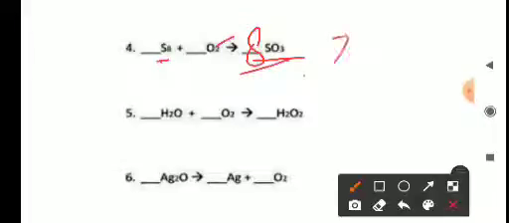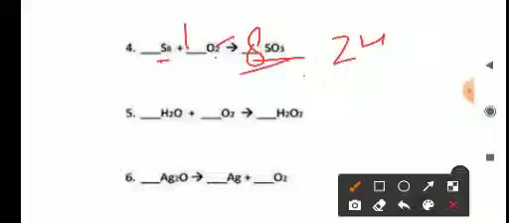Number 5, S8 plus O2 gives SO3. There are 2 oxygen and 3 oxygen. Sulfur is 8 here, but only 1 there. So first add 8 to balance the sulfur. Now sulfur is balanced, but oxygen is not, because here oxygen is 8 times 3 equals 24, and here it is 2.